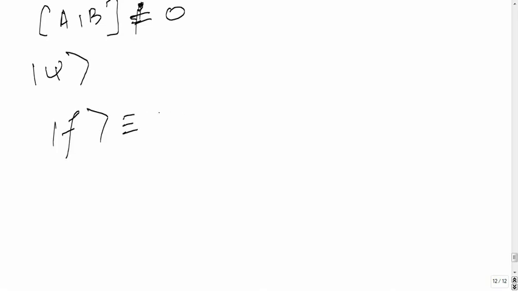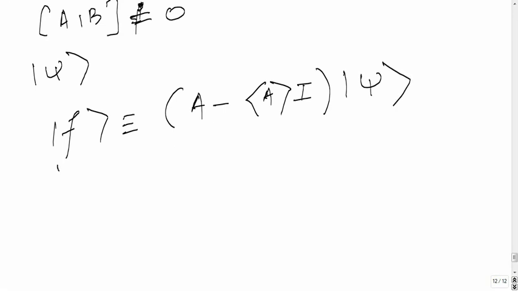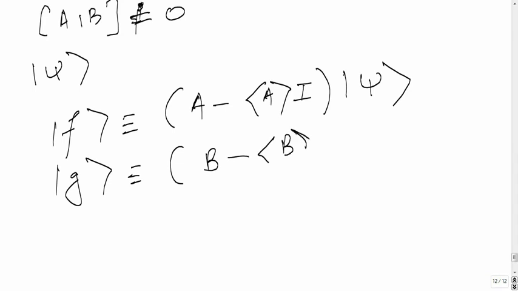State f is defined like this: A minus the expectation value of A times the identity operator, operating on this state psi, and state g is obtained after operating this operator, which is B minus the expectation value of B times the identity operator, on psi.